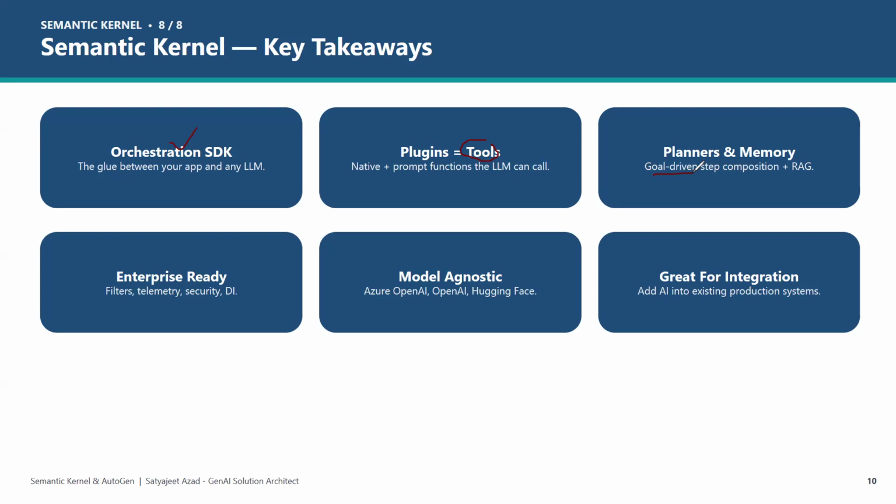And as it is production ready, Semantic Kernel is the first choice. It's model agnostic, meaning it is not dependent on only one model. You can have access to Azure OpenAI, you can use Hugging Face, and also for the integrations part, if there are applications already existing, can you integrate Semantic Kernel?